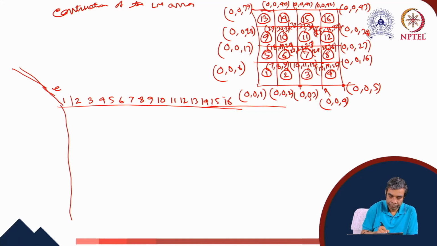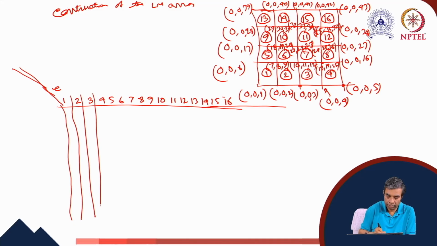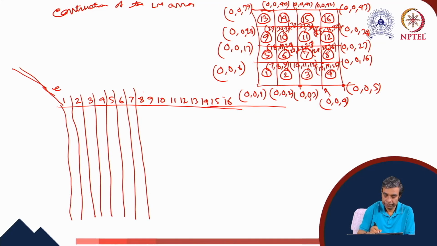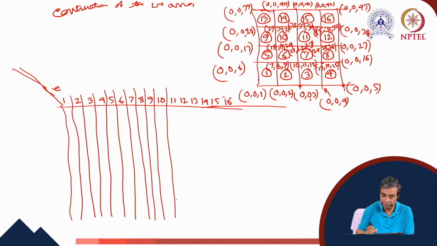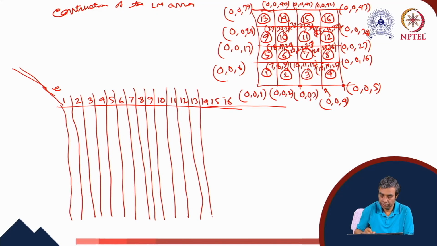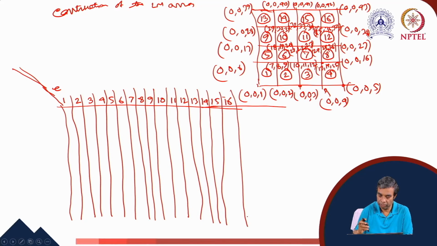Then we make the columns for every element: 6, 7, 8, 9, 10, 11, 12, 13, 14, 15, and now this is for the last element.